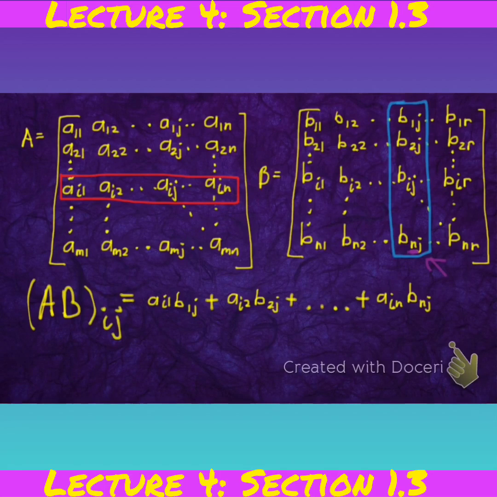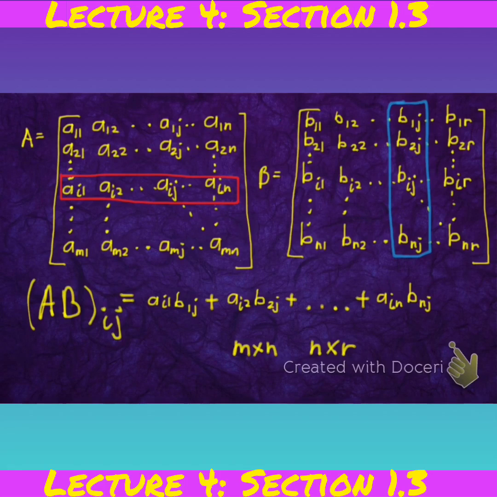So what needs to happen for a product between two matrices to exist? We talked about A being an m by n matrix and B being an n by r matrix. If you multiply the ith row of A with the jth column of B, then you need the number of entries in the rows and the columns to be exactly the same.